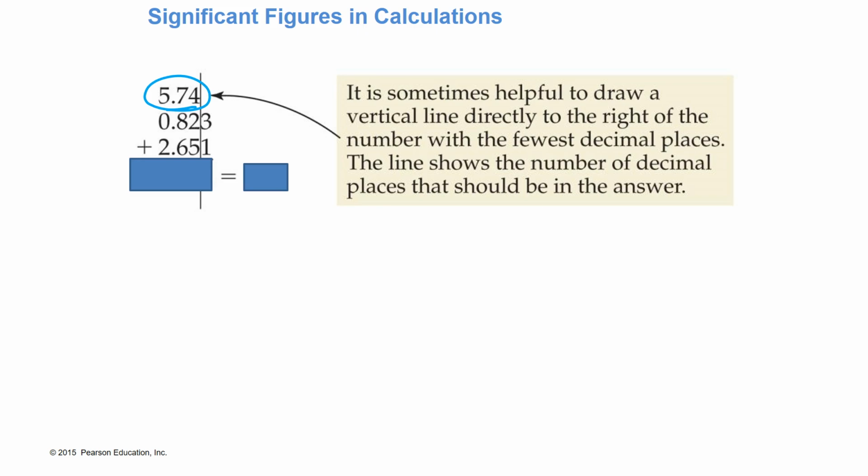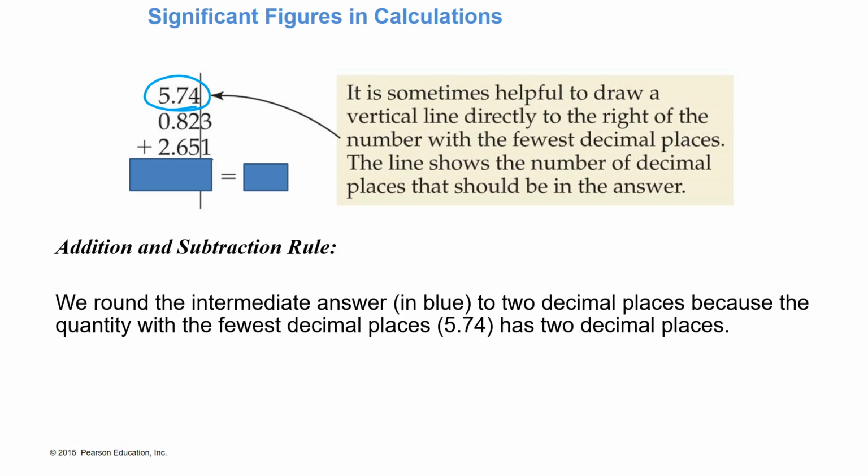So when I add these numbers up, if I put it in the calculator or whatever, I'm going to get 9.214. But when I write the answer down on the test, what answer do I need to write? 9.21.